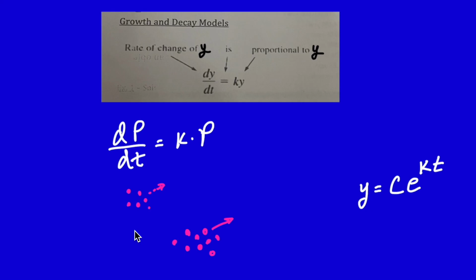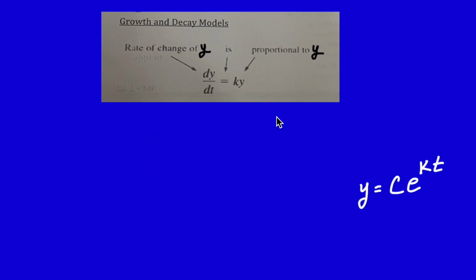Okay, now when you get these problems and it's simply "is proportional to y," we're going to end up using this formula down here. But I'm going to show you how to get from here to this formula, because sometimes it's not going to be this simple. Sometimes they're going to say proportional to the difference in temperature between an object and the ambient temperature. So in that case, you're not going to have this; you're going to have something like this.